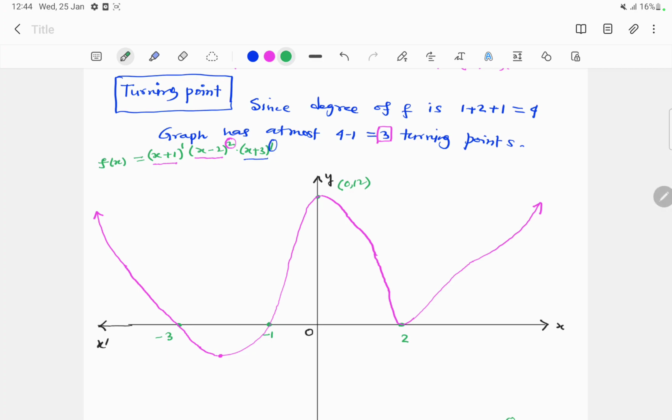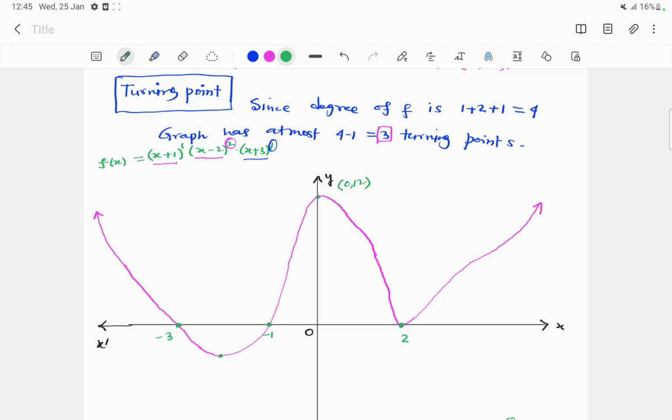One thing I tell you is that when we are drawing the graph, we only keep 3 things in mind: the zeros of the polynomial, the end behavior, and the number of turning points. How many turning points does it have? This is a turning point, this is a turning point, this is a turning point. So it is very important to check that the graph is okay.